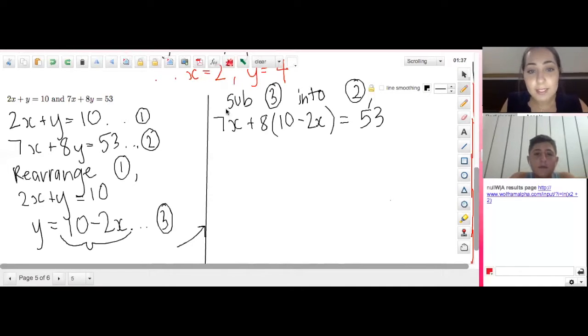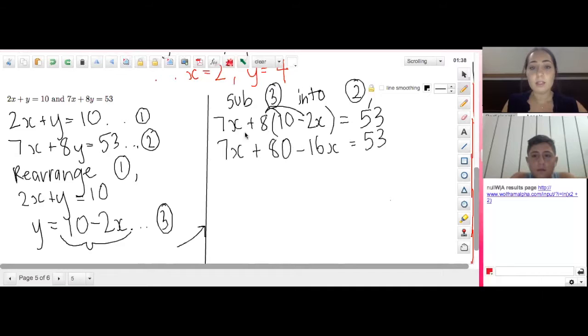So what that means is we need to simplify this bracket. So we have 7x plus, we multiply 8 with 10, we get 80. And we multiply 8 with negative 2x, we get negative 16x. And that equals 53. So we have like terms of 7x minus 16x. So what we're left with is minus 9x.